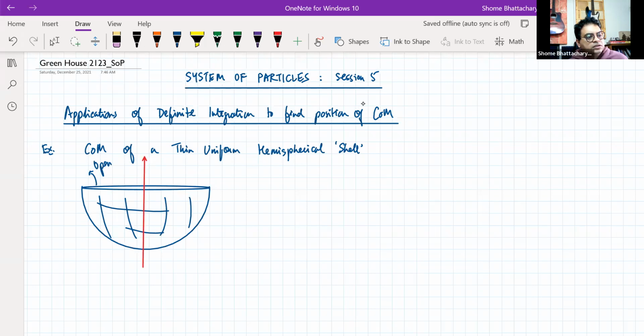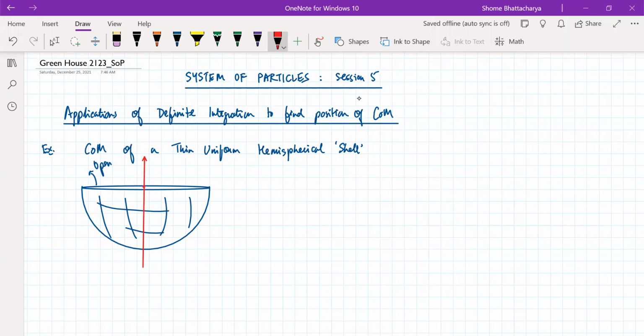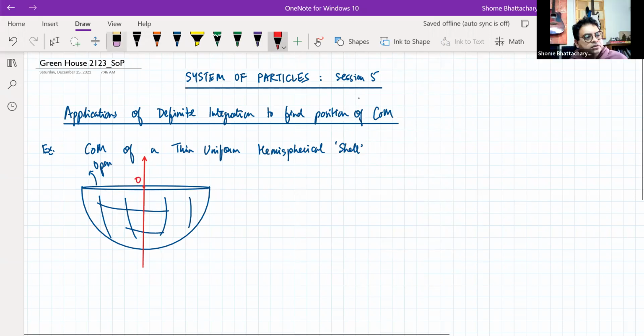So we can see here that this will become an axis of symmetry. So let's say the center of curvature lies here. And in fact, let's take the y-axis downwards.